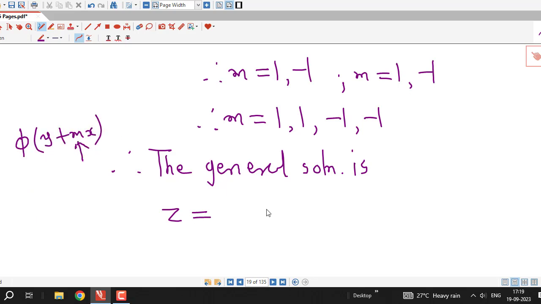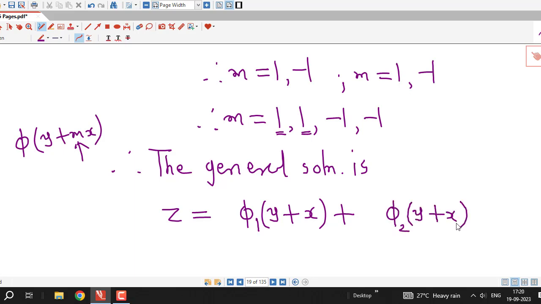If I take m equal to 1, I will have arbitrary function of y plus x, and m equal to 1 is repeated 2 times, so again I have to write arbitrary function of y plus x, and because of this repetition I have to multiply by x. I can multiply phi1 or phi2 by x.